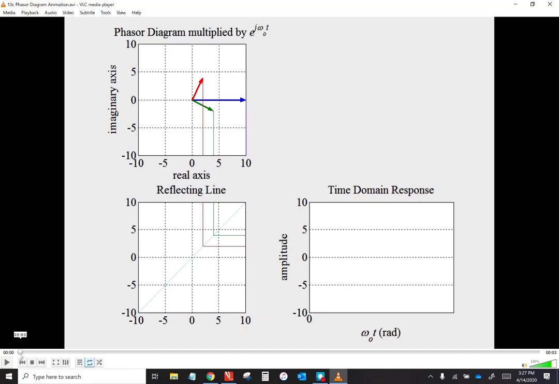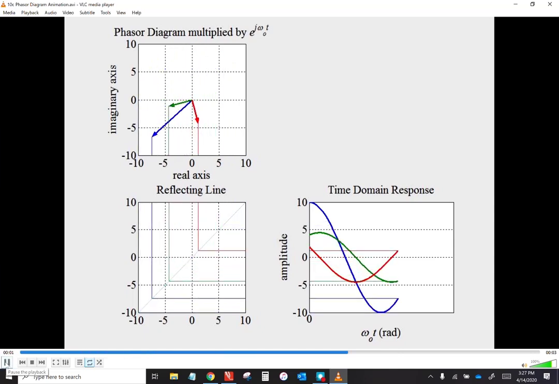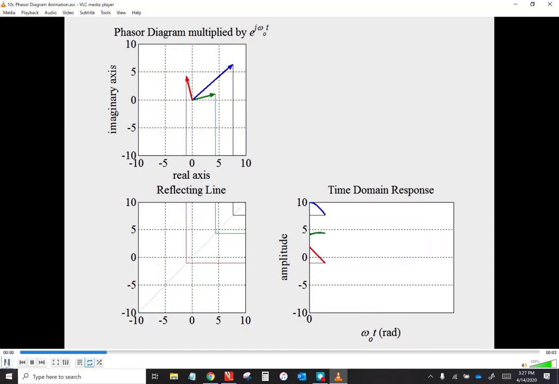As we start rotating the vectors, what happens is we see that the head of the vector comes down and across, and we start tracing out our sinusoids. So let's go through a couple times here. You see what happens.